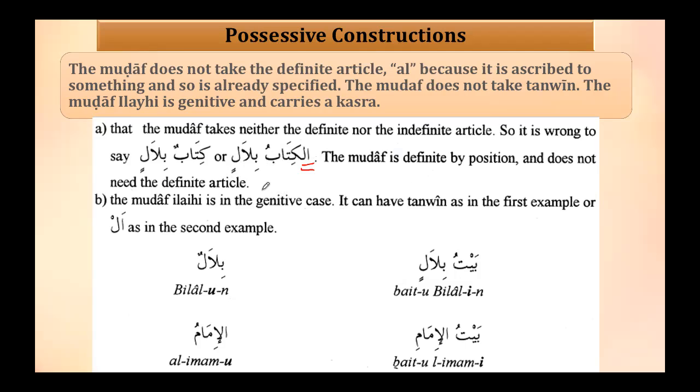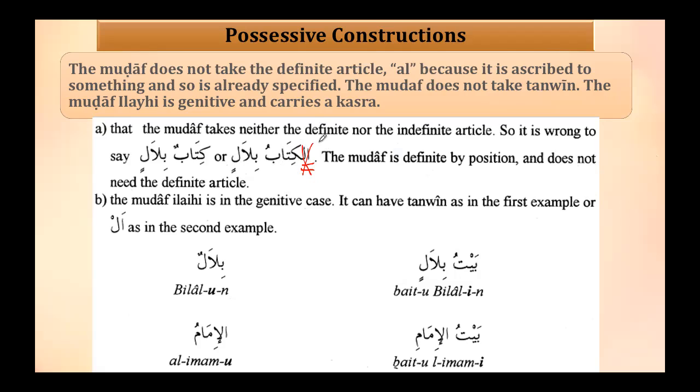I'm not talking about any book. If I say a book is on the table, I'm talking about any book. But if I say al-kitab, I'm talking about the book. Here you don't put the al, but it's still definite. Why? Because Bilal, the second term, is definite.